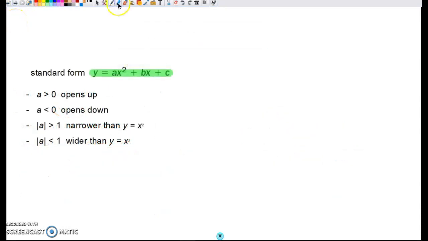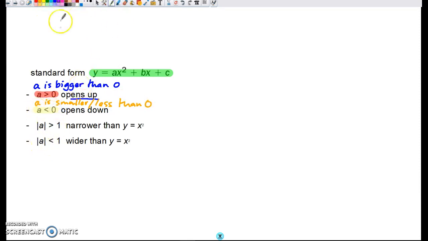So again, some review items here. Remember that if the leading coefficient a is positive, so that means that it's greater than 0, so a is bigger than 0, it's going to open upward. If a is smaller than, or less than 0, then it's going to open downward.